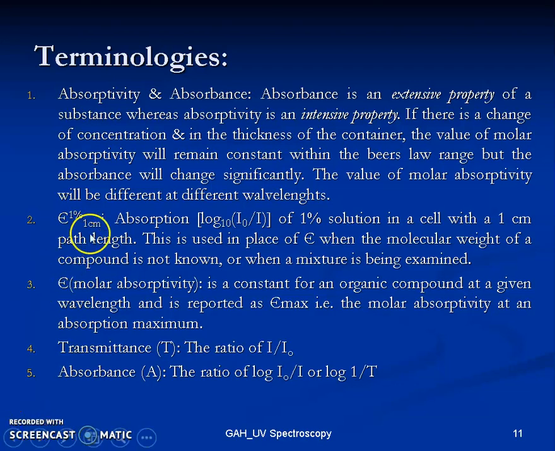Coming to E 1% 1 centimeter, this is a new term which you can expect for a 2 marks or 1 mark question. We already know that log I naught by I is the absorbance.